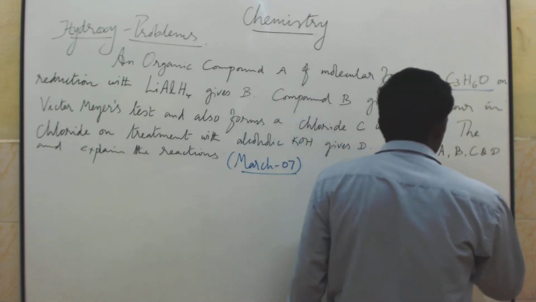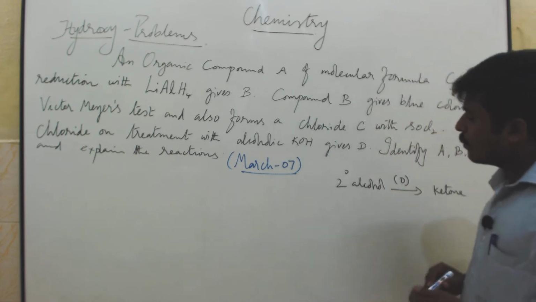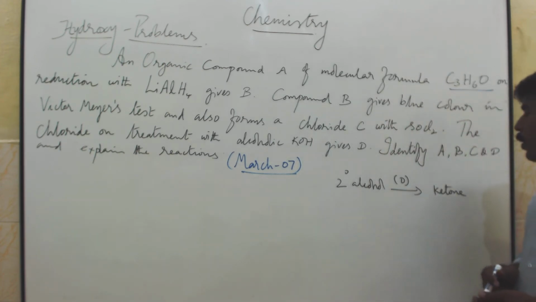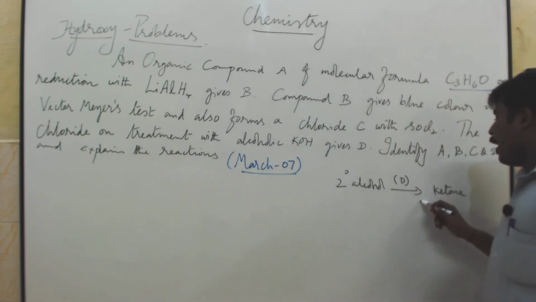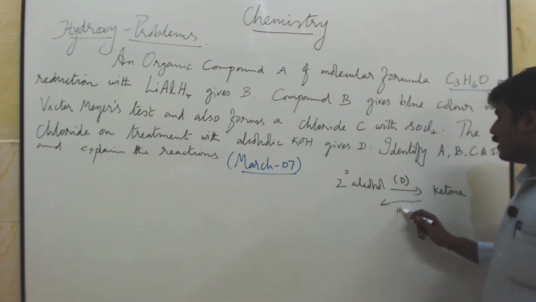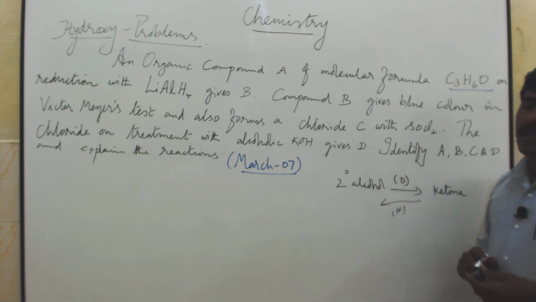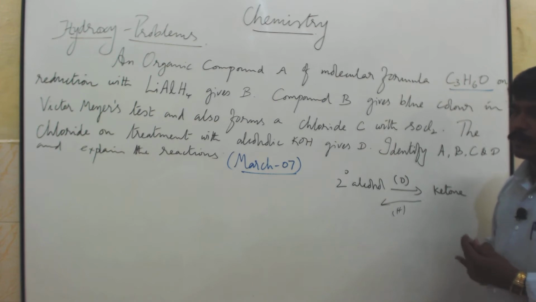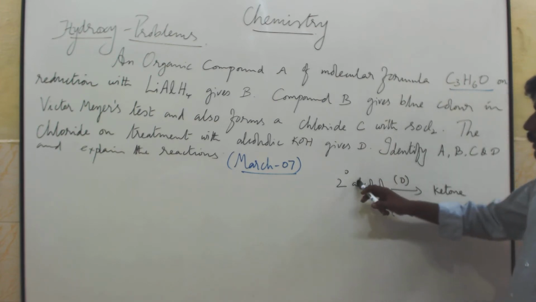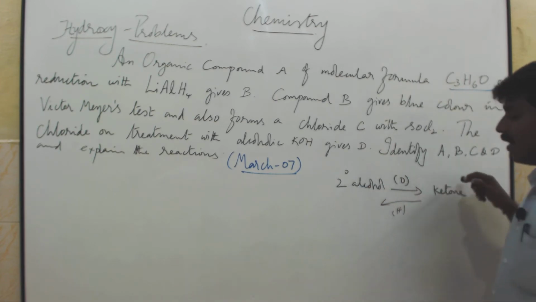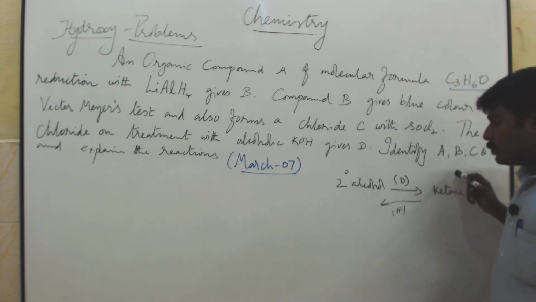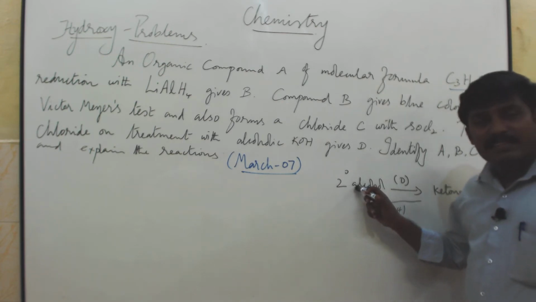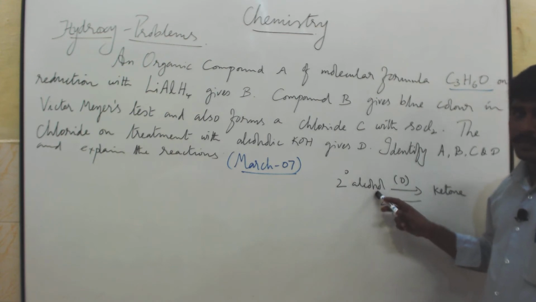Ketone, nothing but acetone. Now, acetone undergoes a reduction reaction, what's the product? Alcohol is the product. So secondary alcohol undergoes oxidation, ketone is the product; ketone undergoes reduction, secondary alcohol is the product.